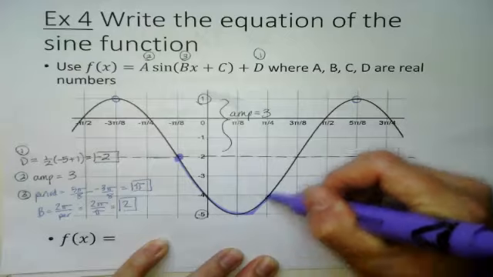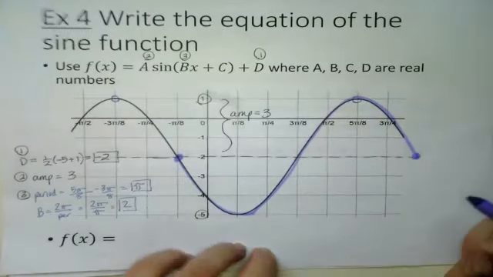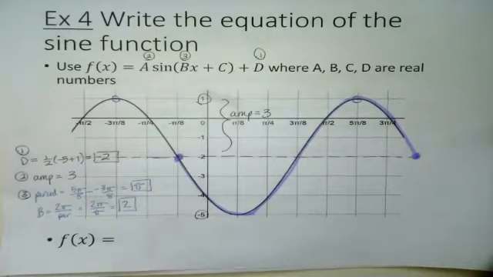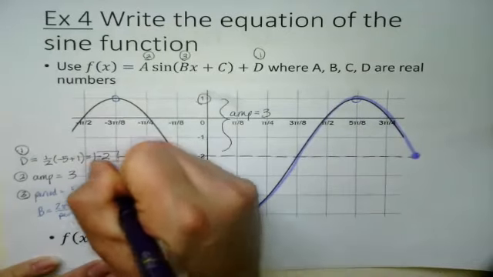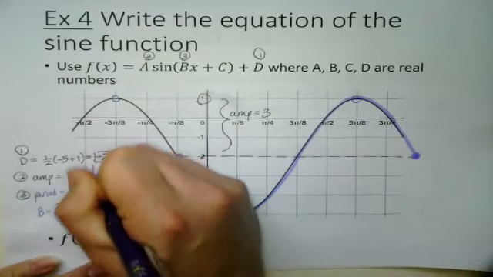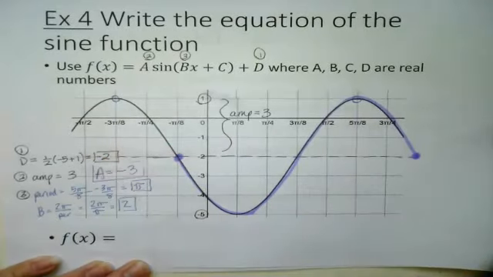Middle, low, middle, high, and then it would come back down to middle somewhere over here. So there's one period. This is a negative sine curve. So my A value is going to be -3, since it's going middle, low, middle, high, middle, instead of the other way, which is the positive sine curve.